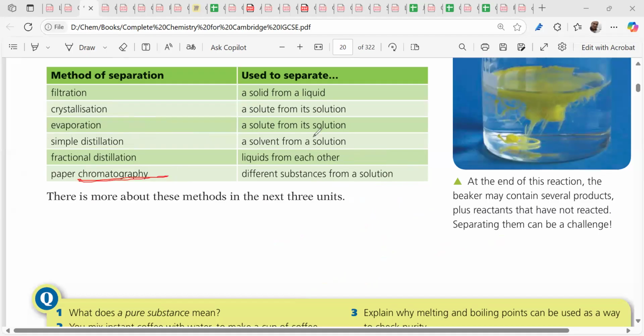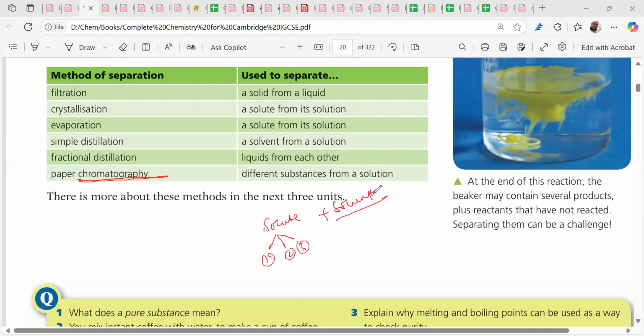What is chromatography? Chromatography is the process used when we have more than one solute. Do you get my point? Suppose we have more than one solute, solute one, solute two, solute three, mixed in a solvent.